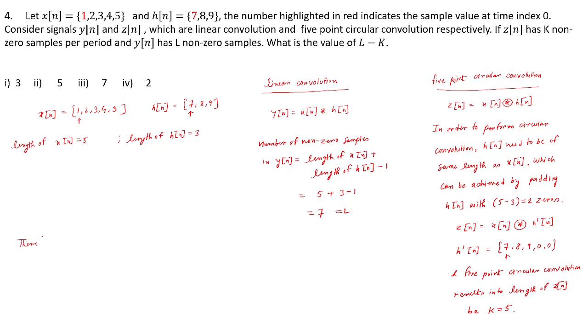Therefore Zn has 5 non-zero samples per period, where yn has 7 non-zero samples.